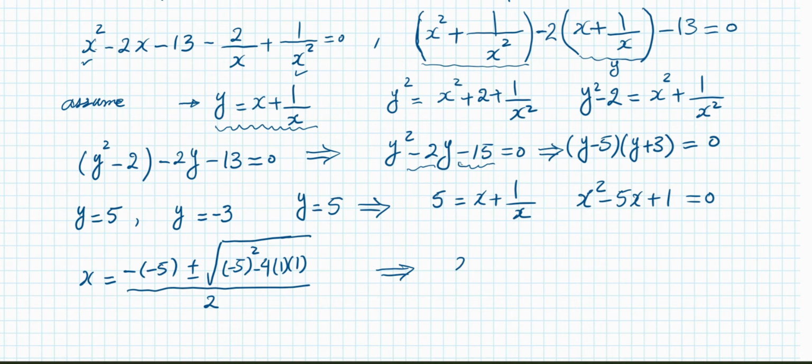From here we find that x is equal to 5 plus or minus the square root of 21 divided by 2.